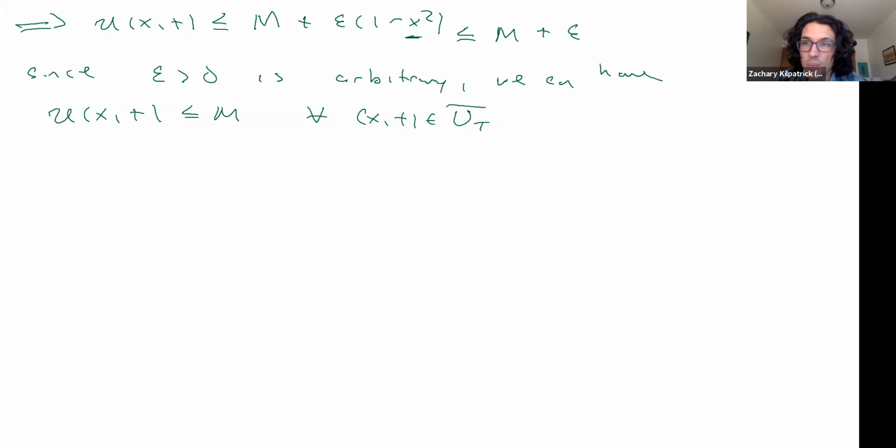So weak maximum principle, what can we do with the weak maximum principle other than create bounds for functions? Uniqueness. Yeah. So it's another way of proving uniqueness.